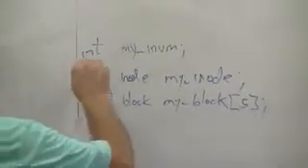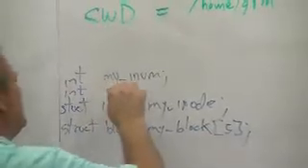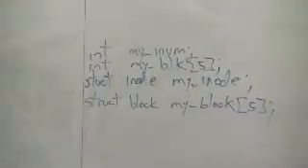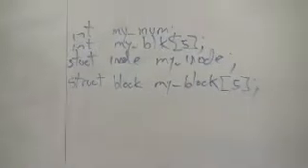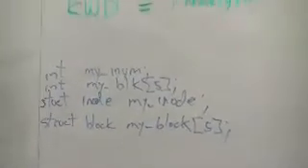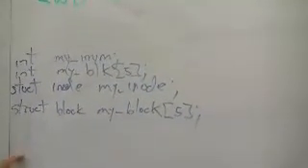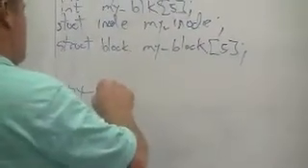That's my inode number. Then I might have int my block 5. Those are my 5 block numbers. All right? So, now what? Now you need to go get the inodes. I would say my inum gets what? Get free inode.